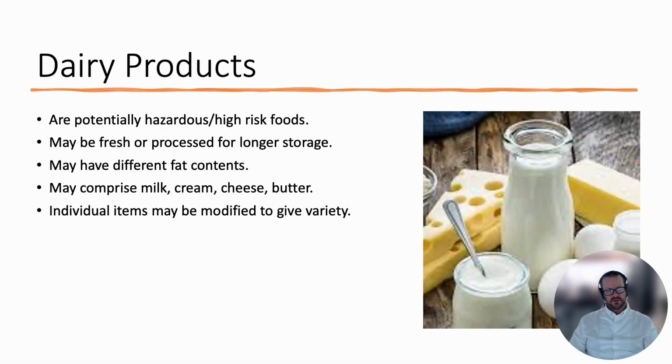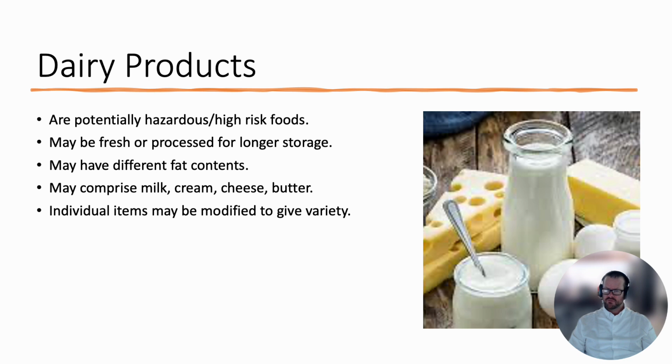Getting straight into it, we talk about characteristics of foods and food group types. Dairy products is a food group. When we're talking about dairy products, we're talking about products that are made from milk or cream. So that includes milk, cream, cheese, butter, yogurt. These are all potentially hazardous and high-risk foods.